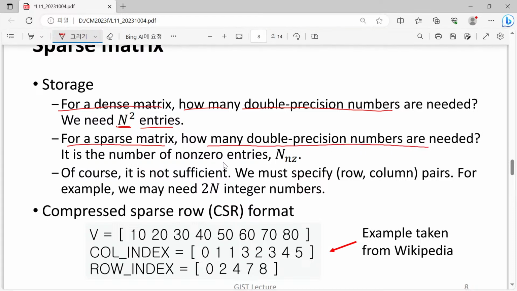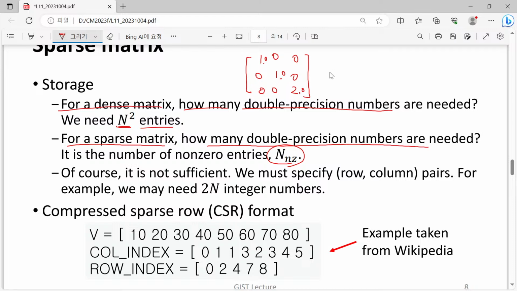In this case, we have to memorize only non-zero values. For example, let's think about this one. We have a 3 by 3 matrix, and the non-zero entries are 1.0, 1.0, and 2.0.